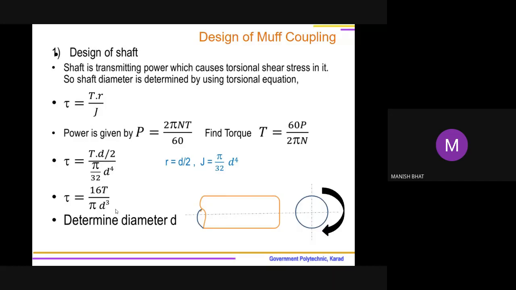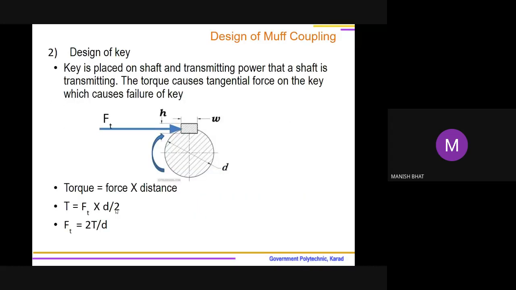So we are in a position to find that particular stress also, and to evaluate the diameter of the shaft. We are considering torsional shear failure of the shaft. Once we have determined the shaft diameter, we will select the nearest standard size available, and then we will be designing the key, which is again a transmission element.